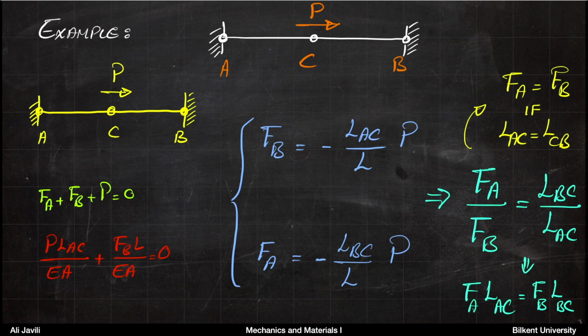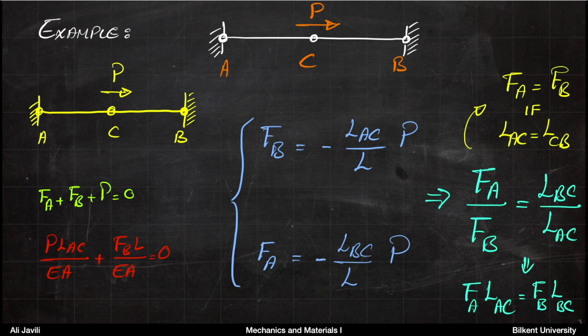But also, if you divide these two relations by one another, you also get this maybe more intuitive relation. So you would see FA over FB, so the ratio of FA to FB is the same as LBC over LAC. In other words, FA times LAC is equal FB times LBC.